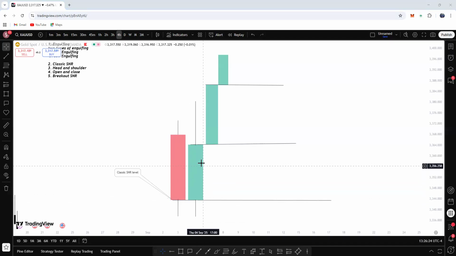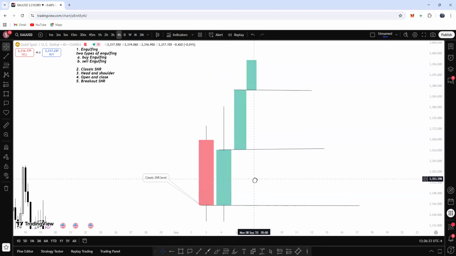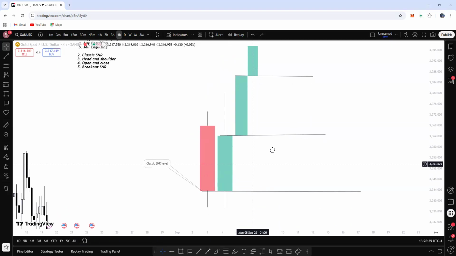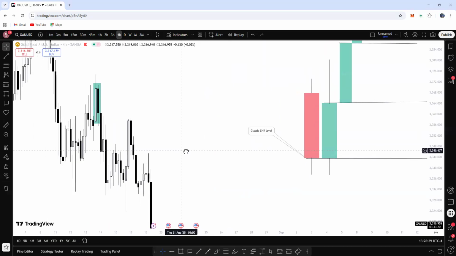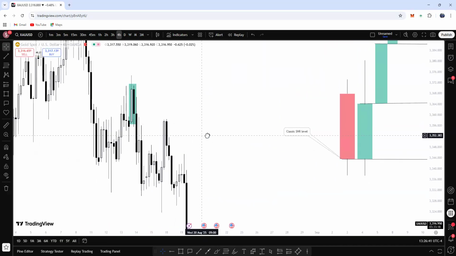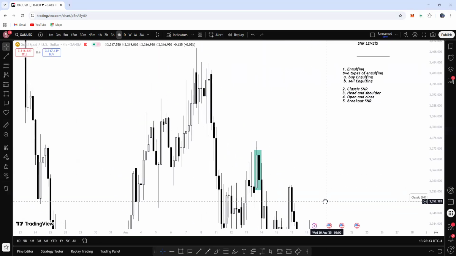This is the classic SNR. This is the cheapest price to buy from. Same thing with bearish momentum. Okay, let's check for some short examples, guys.